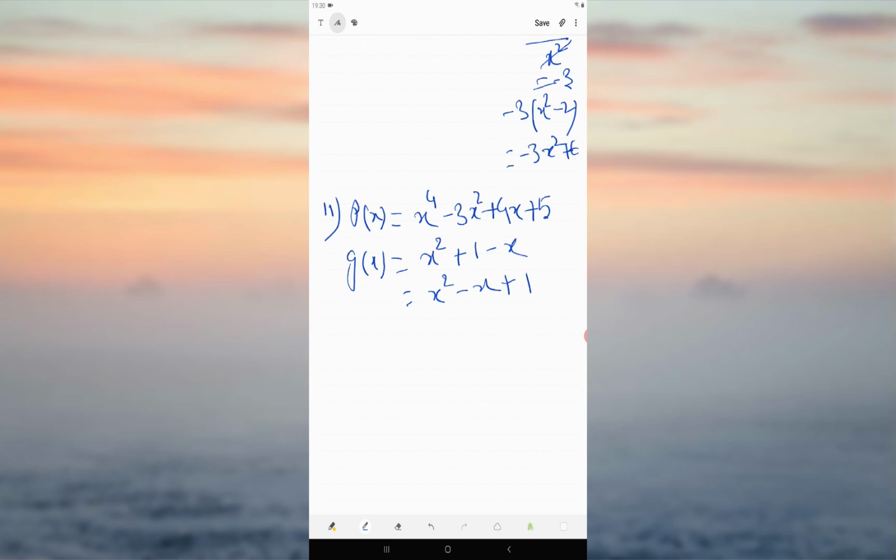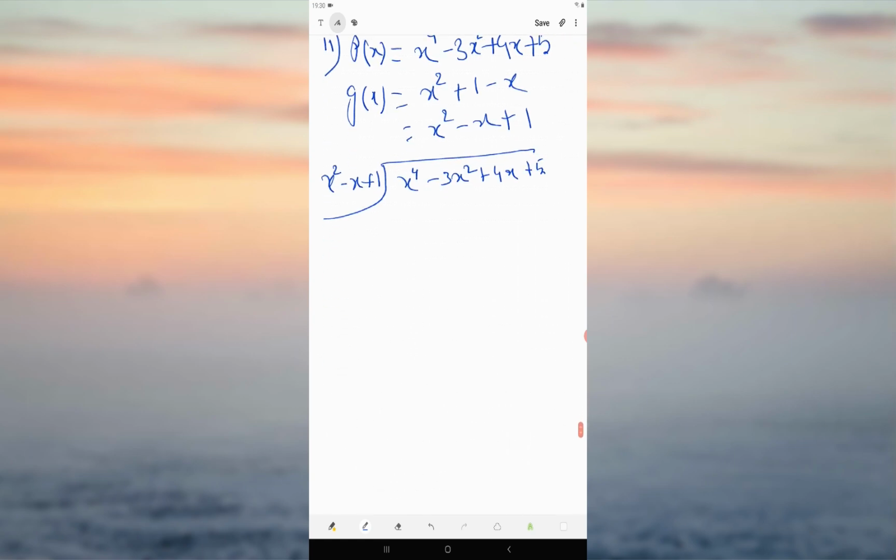Okay, so let's try to do this problem. What we need to divide by is x square minus x plus 1. This is our divisor, and what we have is x to the power 4 minus 3x square plus 4x plus 5.